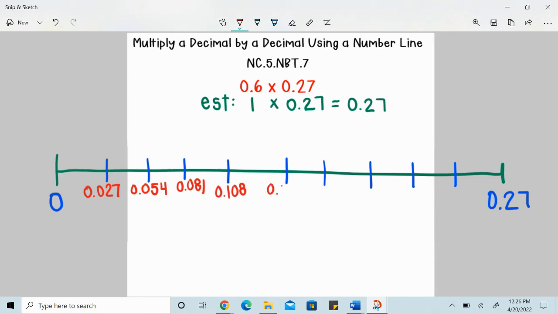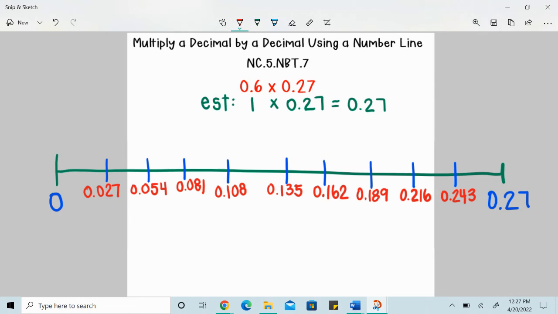Now we are at 135 thousandths, 162 thousandths, then 189 thousandths, 27 thousandths more would put me at 216 thousandths. Next would be 243 thousandths. And then 27 thousandths more than that would put us up to 27 hundredths.